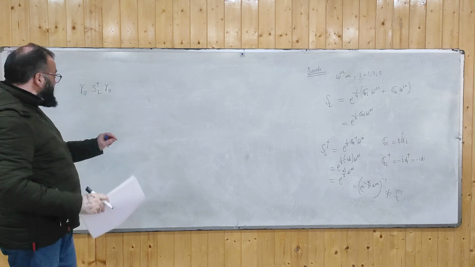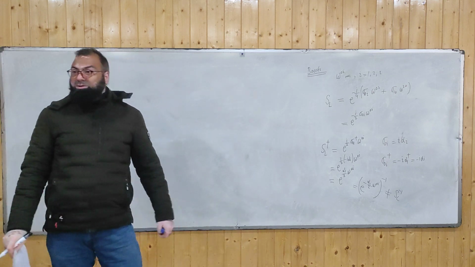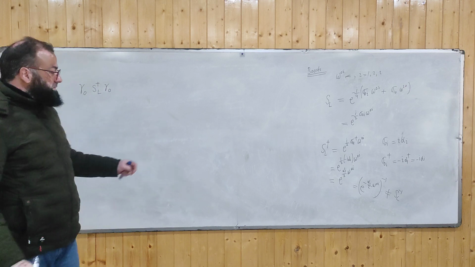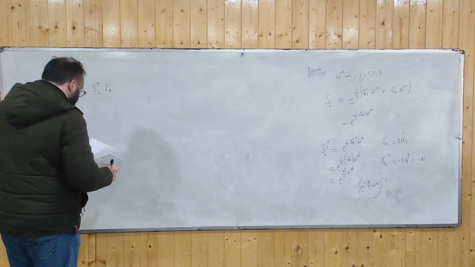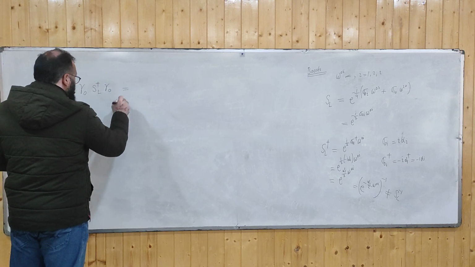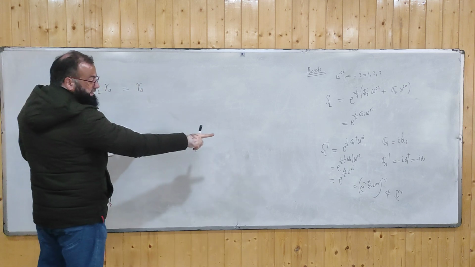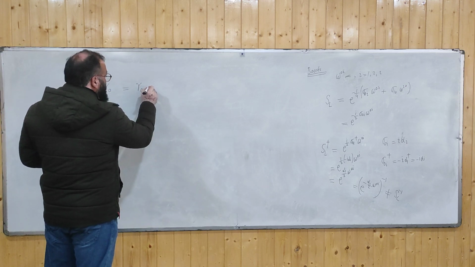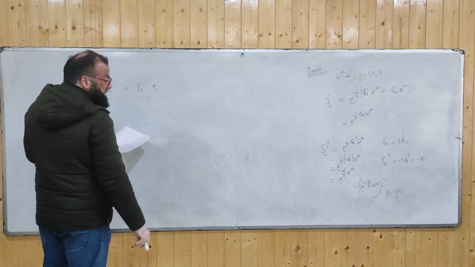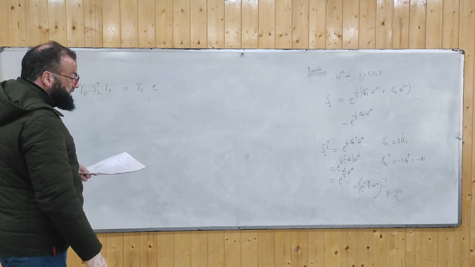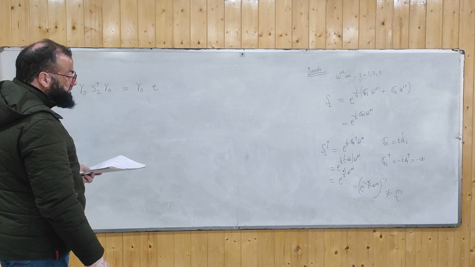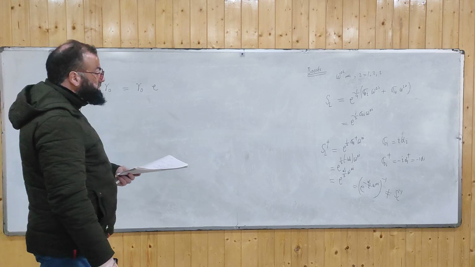Let's multiply this SL dagger by gamma 0 on both sides. So this, how much is that? So that is gamma 0. What is SL dagger? Tell me. SL dagger we have calculated just now. Yes, it's e raised to alpha i by 2, omega 0 i. Minus. Plus.